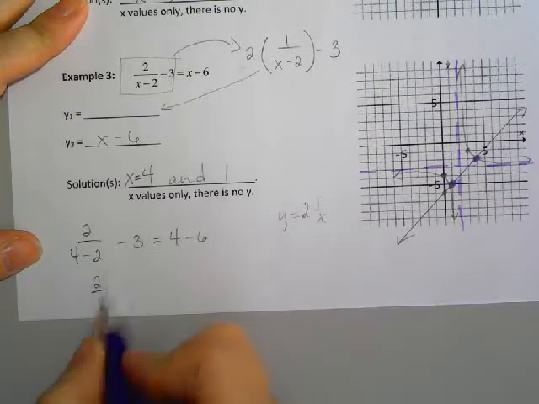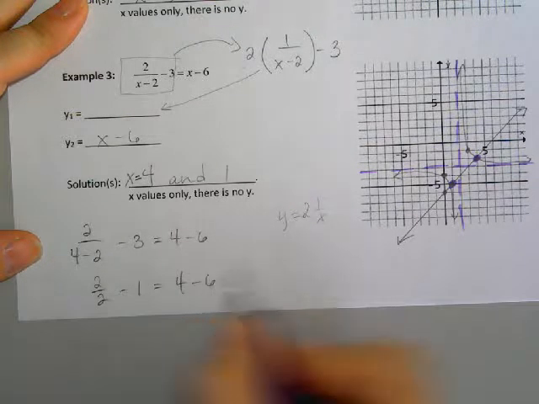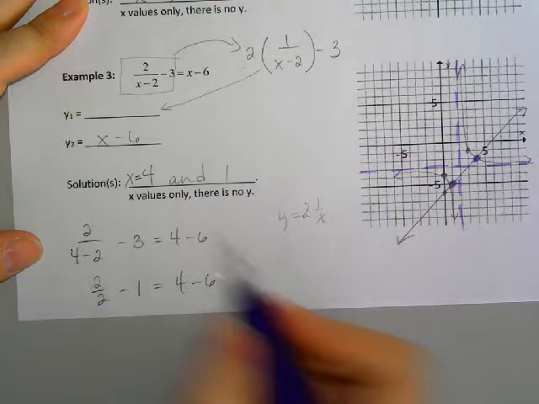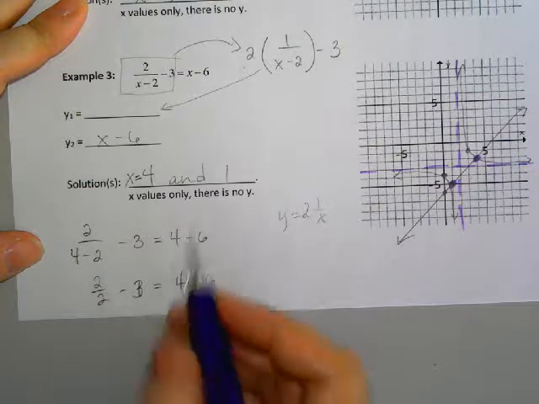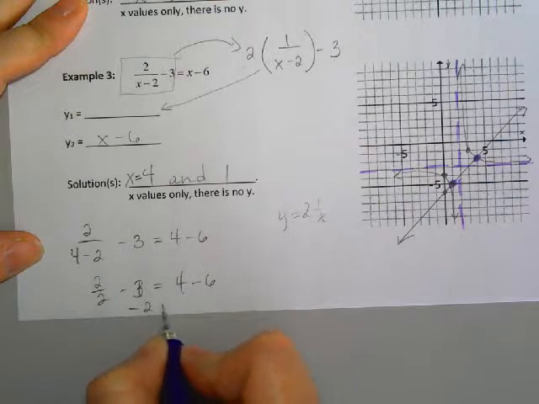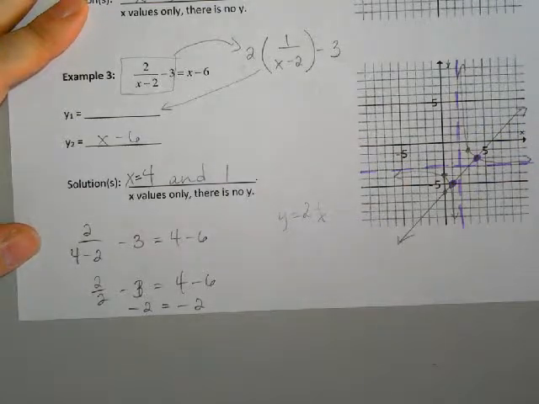I have 2 over 2 minus 3 equals 4 minus 6. 2 over 2 is, whoops, that's a 2. 2 minus 2 is... 1. 1 minus 3 is negative 2. 4 minus 6 is negative 2. So I know my solution for 4 is correct.